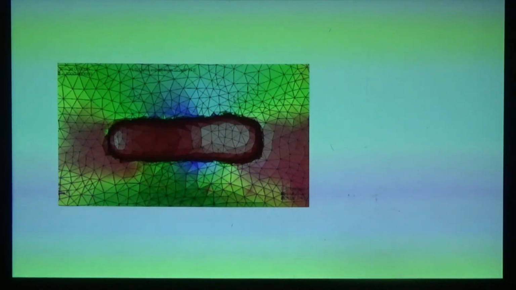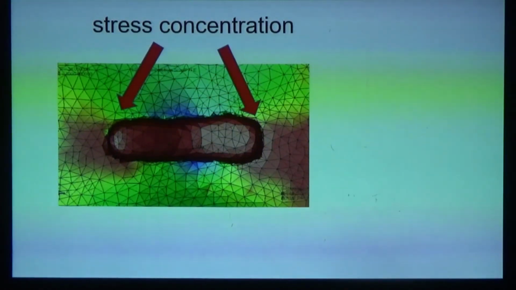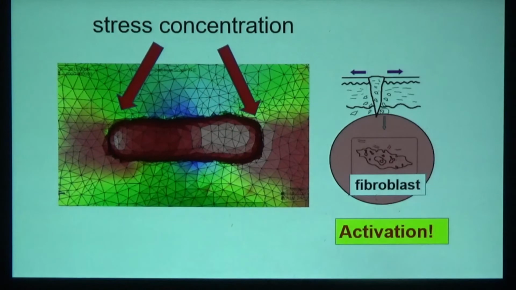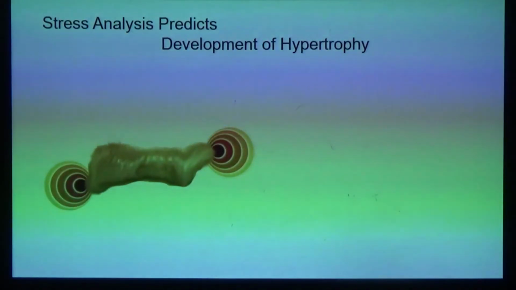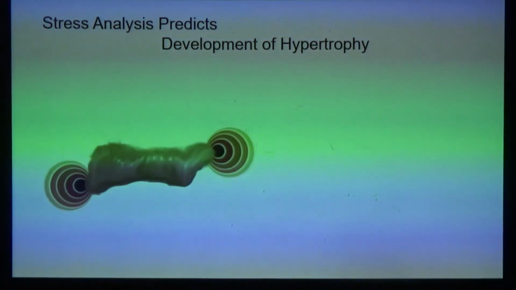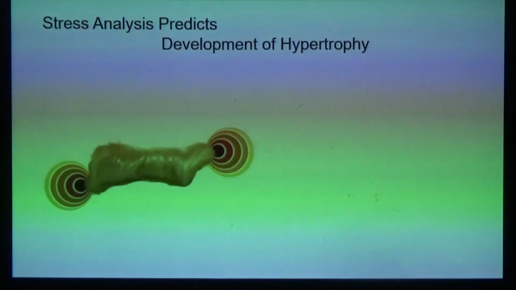Observation of stress distribution patterns reveals that stress concentrates at the ends of the scars, meaning that fibroblasts are very likely to be stimulated there and to cause local hypertrophy. Given the relationship between stress and scar growth, we can surmise that where stress concentrates on the scar, it will develop hypertrophy.